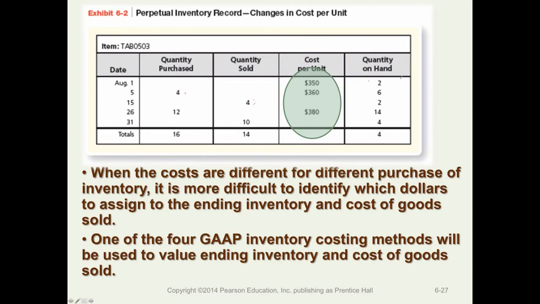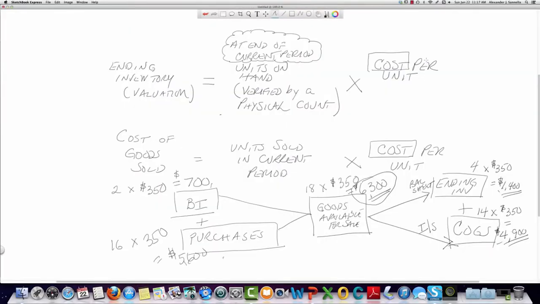So in this case, now let me go back to the whiteboard. And in this example, your beginning inventory, and that's equal to 2 units times the unit cost, and that's total cost. 2 units, and the opening inventory was 350, so the beginning inventory is 700.